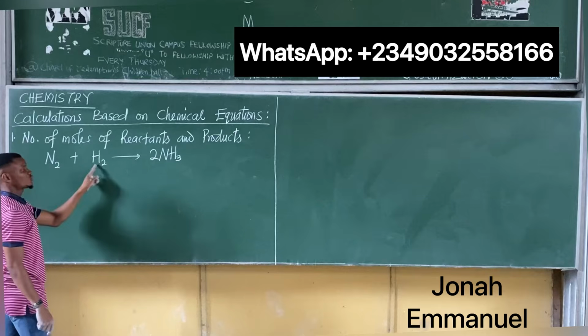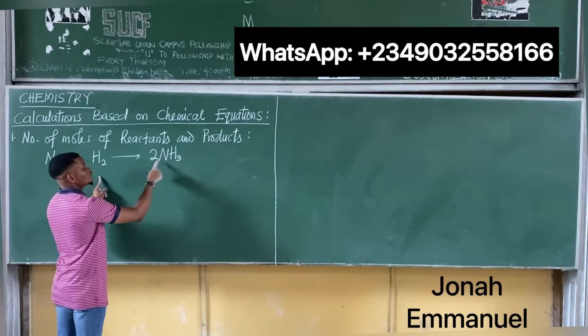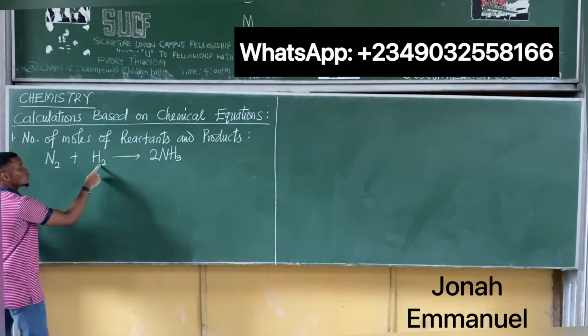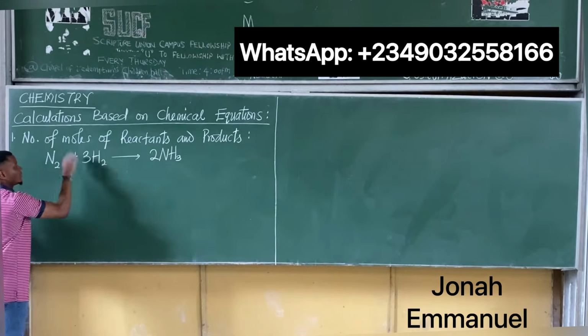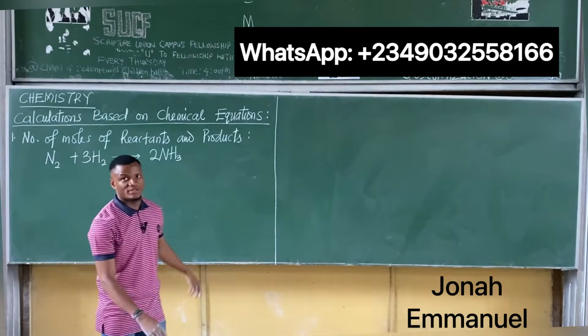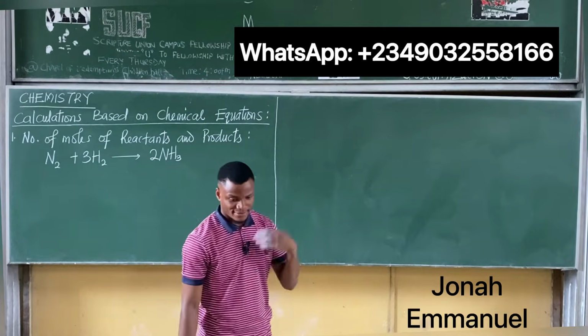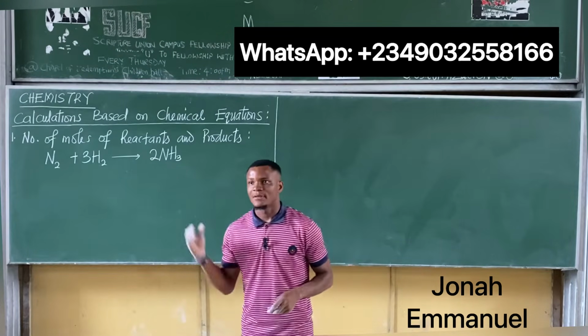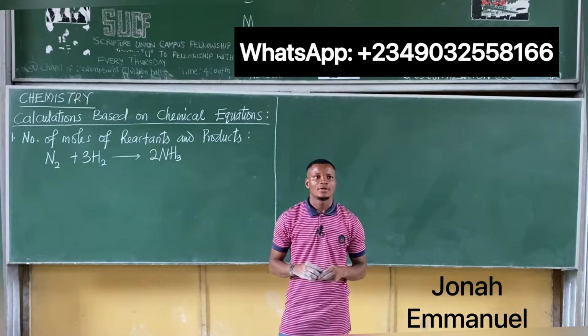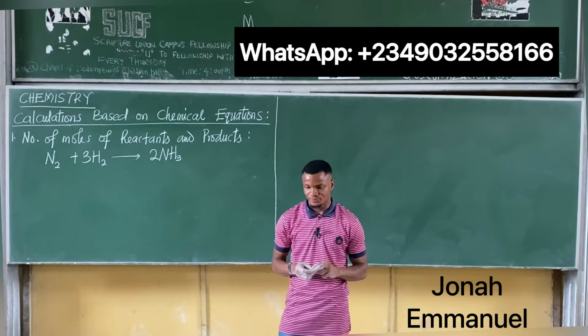Hydrogen, I have just 2 here. For here, I have 2 times 3, that's 6 hydrogen. 6 here, 2 here, I'll simply add 3. So it becomes 3 of hydrogen. At this point now, I have a balanced chemical equation. That was my first task.